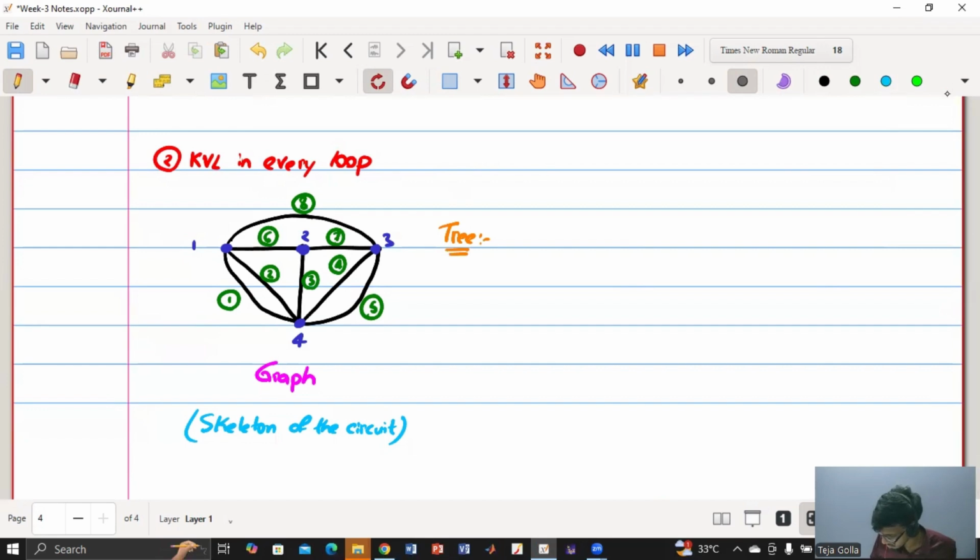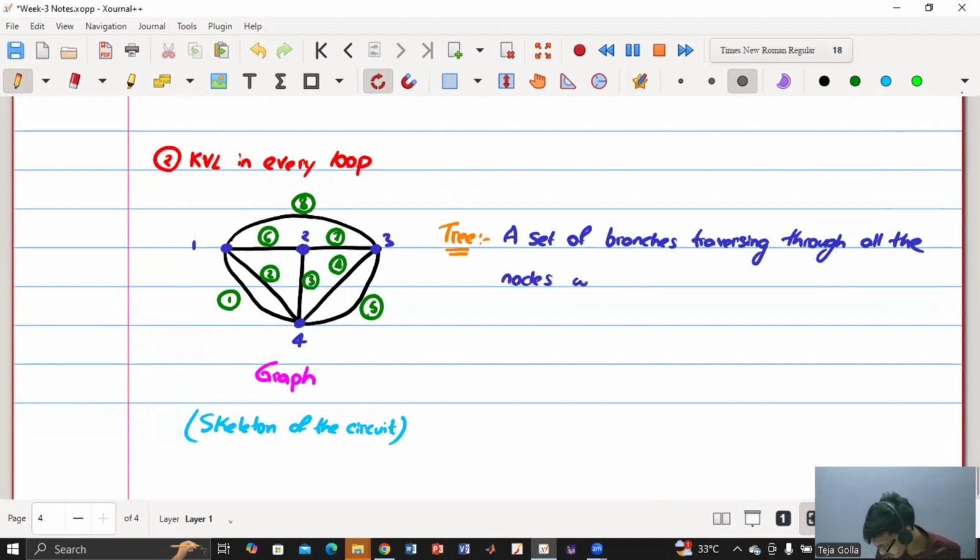So let me put down the definition. Tree is a set of branches traversing through all the nodes without forming a loop.